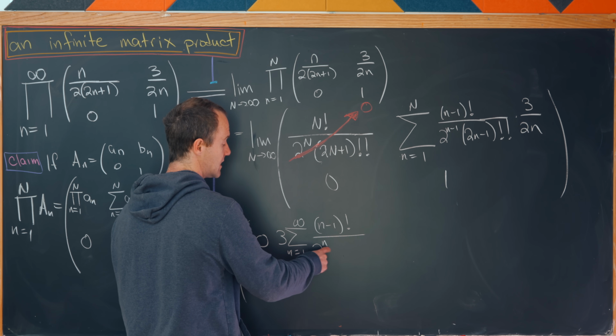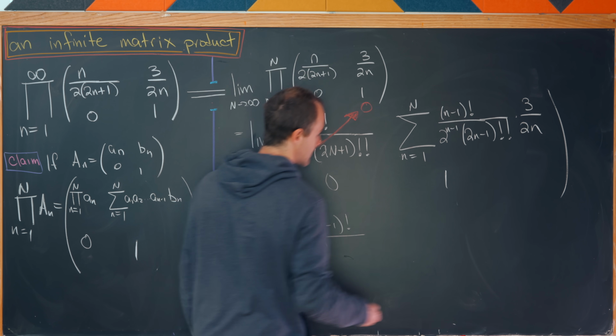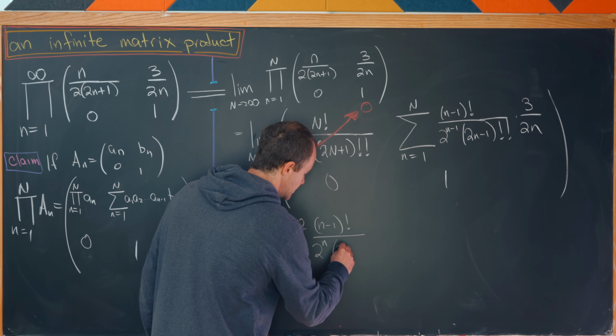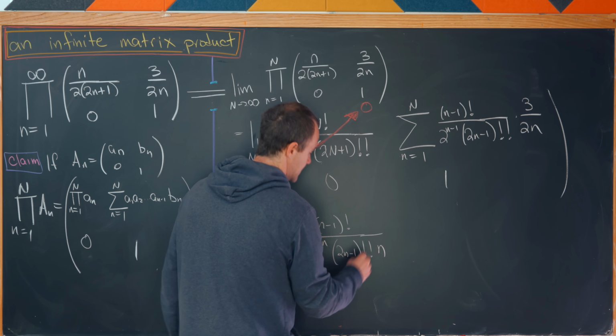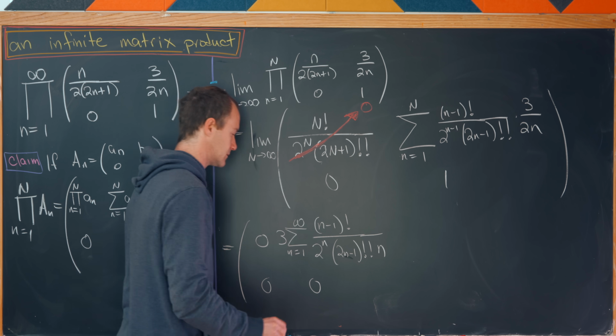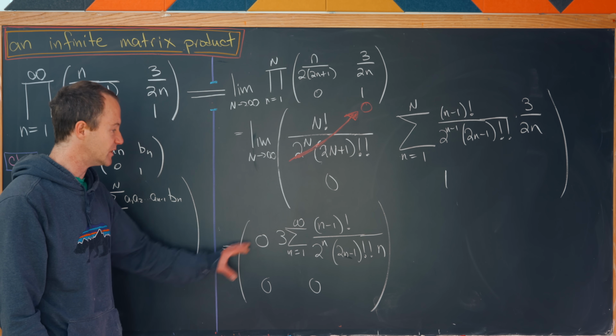I'll have 2 to the n in the denominator. The 2 to the n comes from the fact that we built that 2 up with this 2 right here. And then we have 2n minus 1 double factorial times n. And then 0, 0.